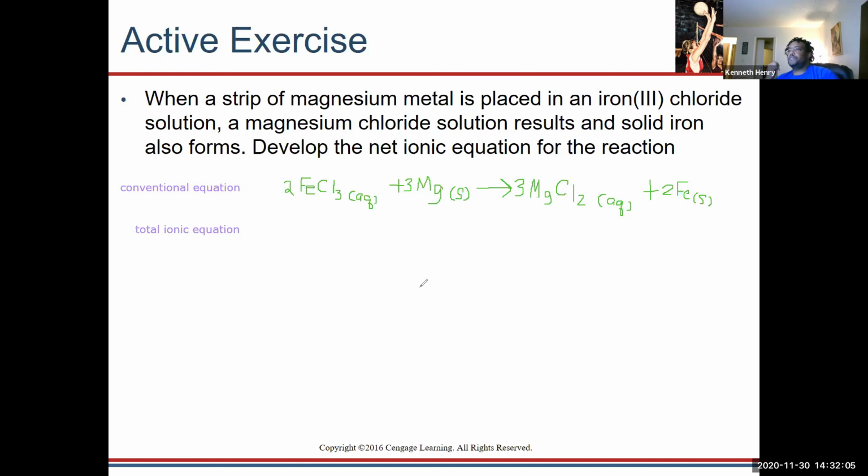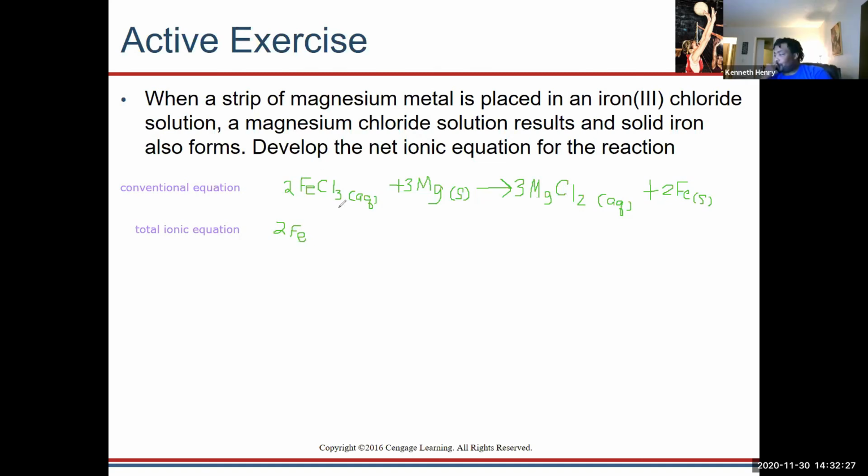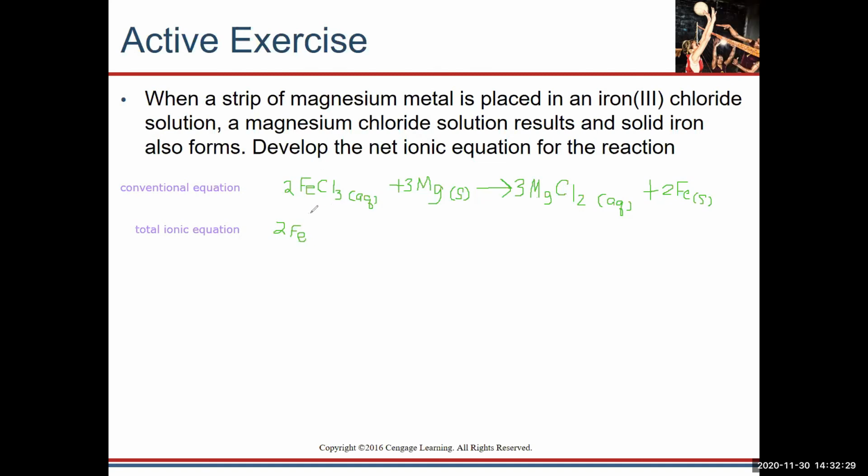Okay, so now our total ionic equation. 2 Fe plus. Is it 1 plus? 3 pluses.